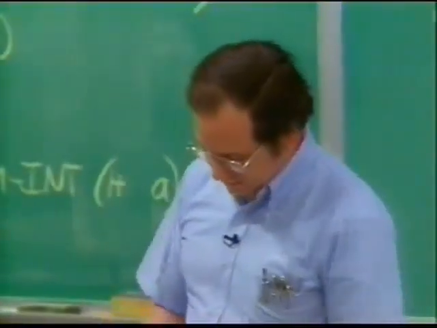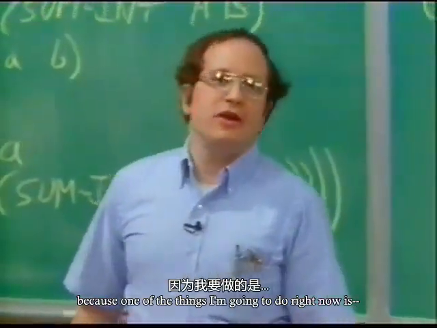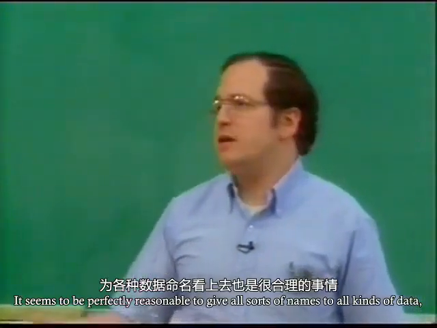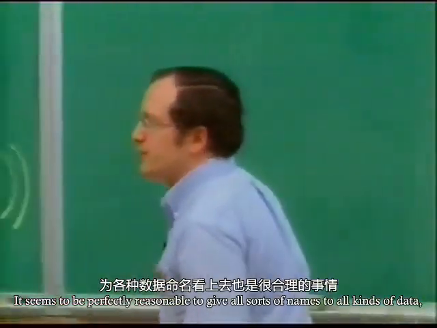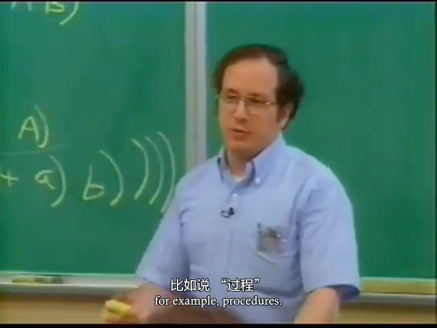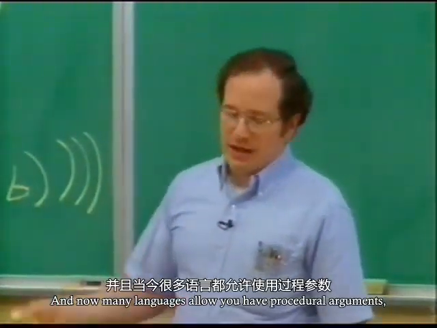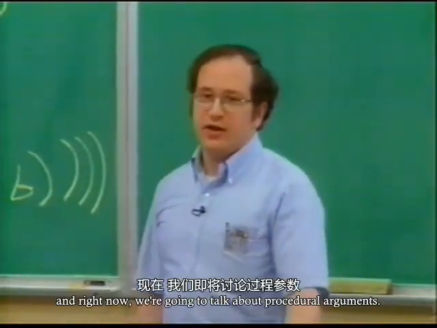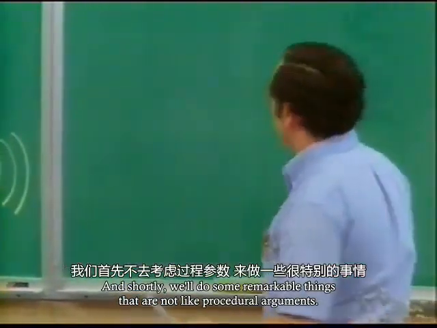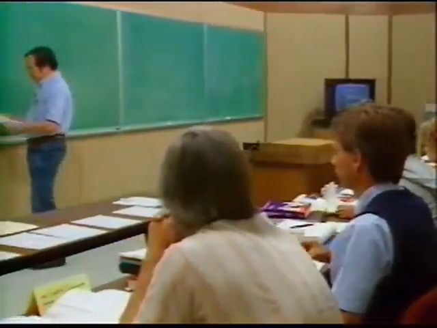Well, that's sort of easy, because one of the things I'm going to do right now is there's nothing very special about numbers. Numbers are just one kind of data. It seems to me perfectly reasonable to give all sorts of names to all kinds of data. For example, procedures. And now many languages allow you to have procedural arguments, and right now we're going to talk about procedural arguments. It's very easy to deal with, and shortly we'll do some remarkable things that are not like procedural arguments.